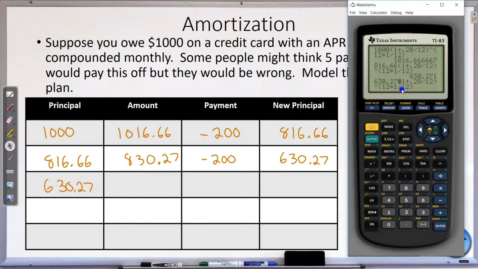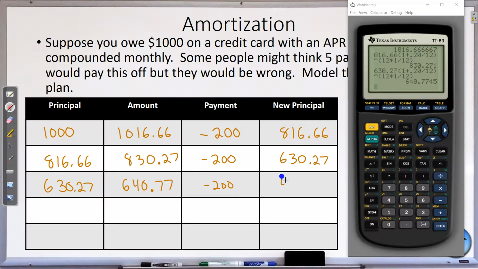Again, I'm not changing the time because it's still 1 month has gone by. Hit enter, and it goes up to 640. Minus 200. We're at 440 and 77 cents. So that also carries over.